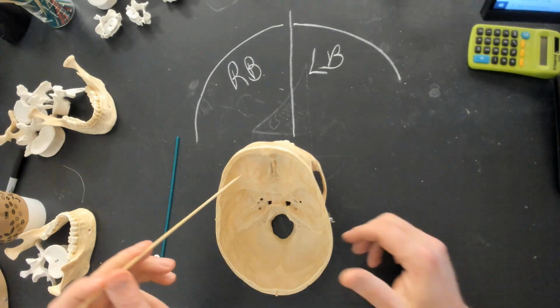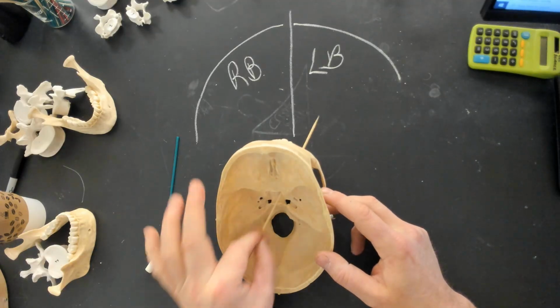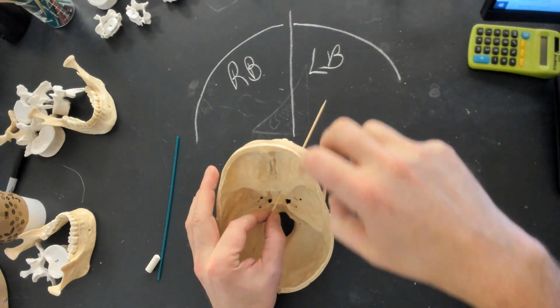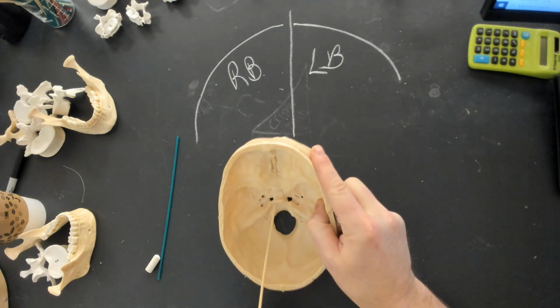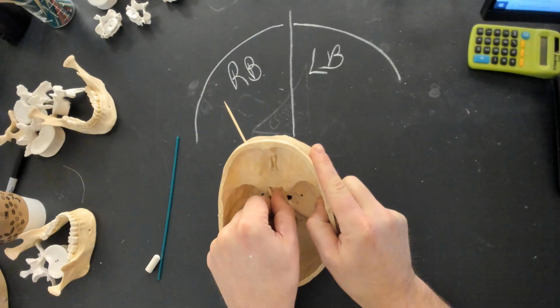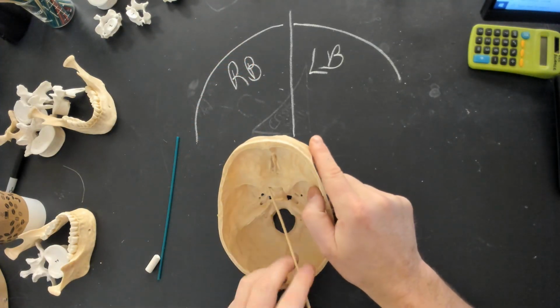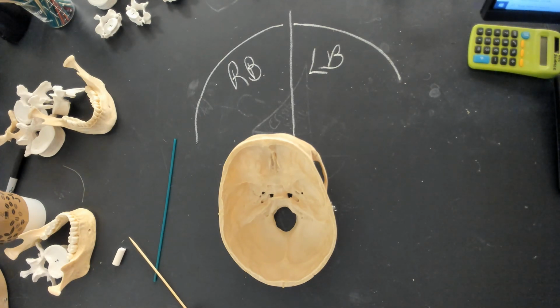So for the right optic nerve, which goes out on this side, that means that a lot of the visual field from here has to cross to the other side of the brain. For the left optic nerve that's looking out that way, a lot of the visual field here has to cross to the other side of the brain. But if you close your right eye, you can still see past your nose. So that means a little bit of each nerve stays on the same side that it was on, but most of it crosses to the other side.